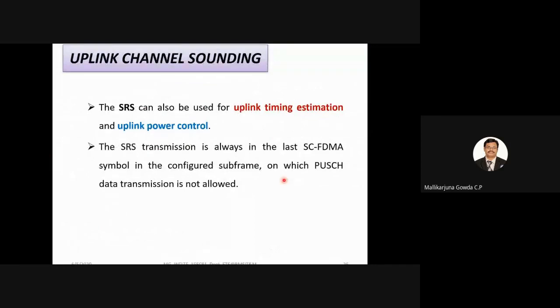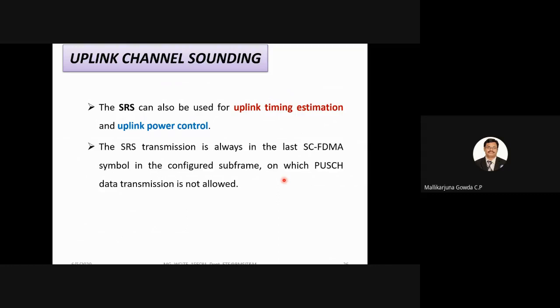As I said, the sounding reference signal can also be used for uplink timing estimation as well as uplink power control. In addition to carrying channel state information, it can also be used for uplink timing estimation and uplink power control.